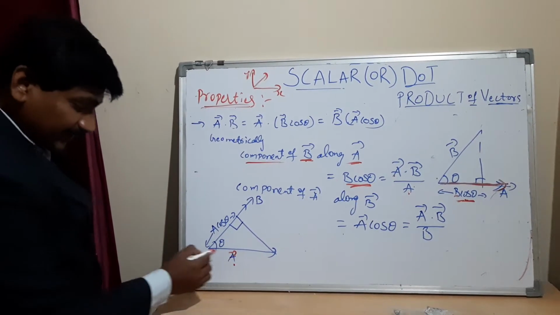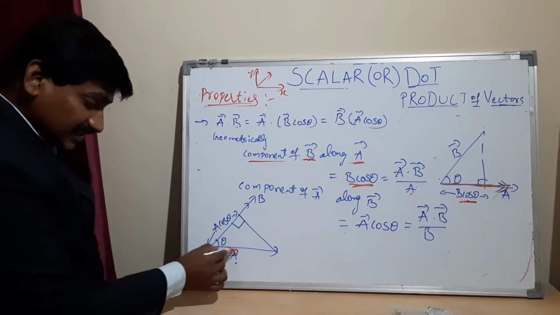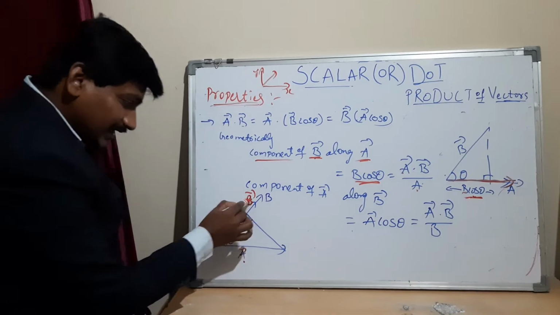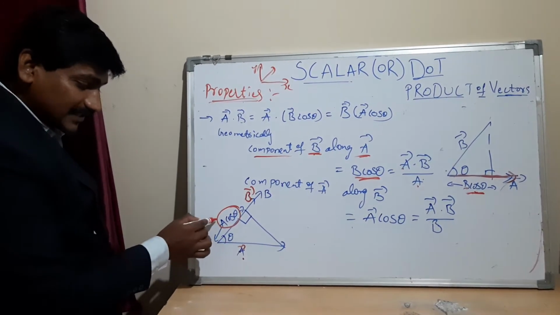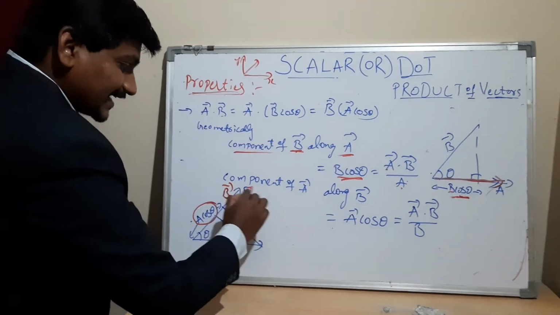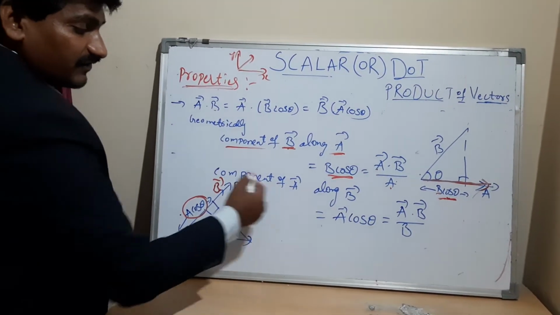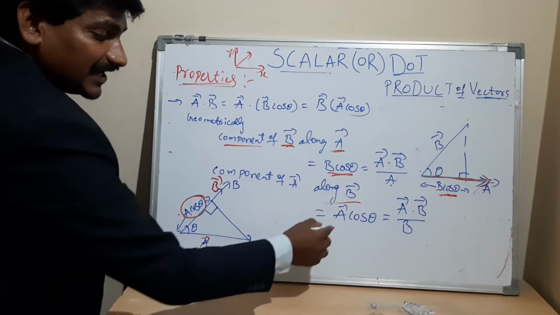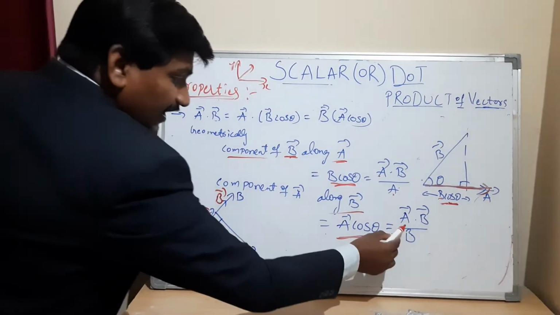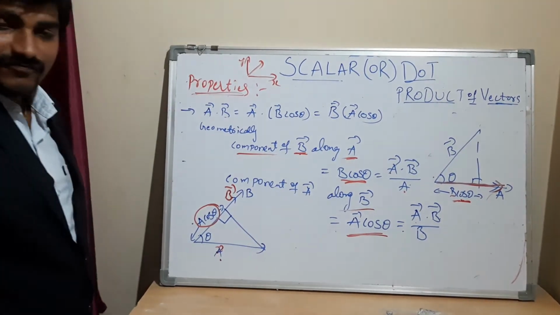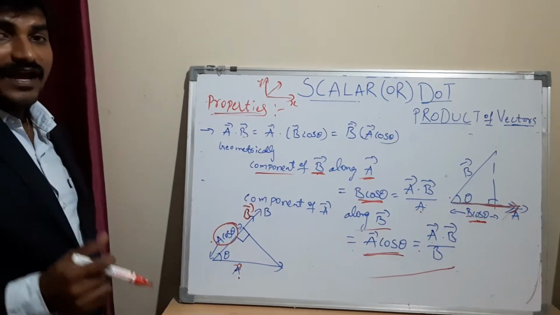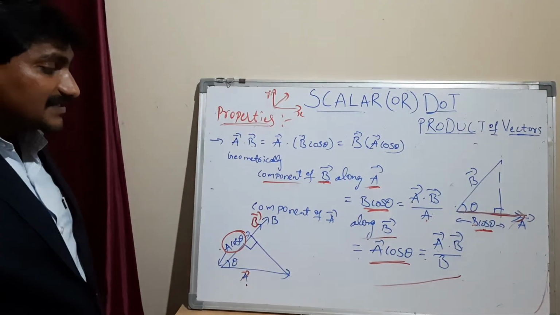This is vector A. This vector component A is projecting in the direction of vector B. See, this A cos theta is projected in the direction of vector B. I can express the component of vector A along B as A cos theta, equal to A dot B by modulus of B. This is the component of vector A along B.